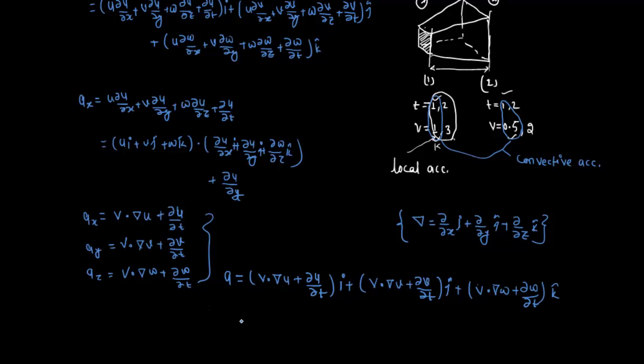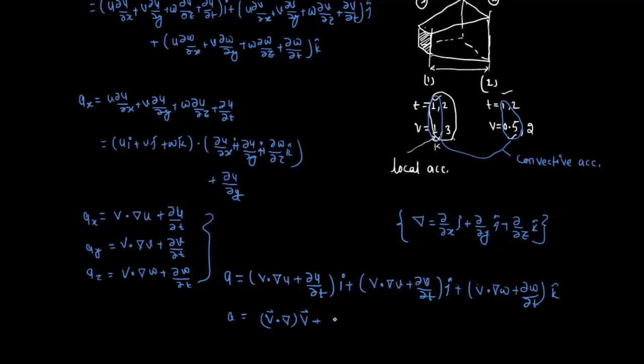Okay, now by combining all and using the vector properties, we can write V dot del u i cap, V dot del v j cap, and V dot del w k cap. Combined, we can write this term as V dot del in bracket V, this is actually the vector property, plus, you can see here, del u by del t i, del v by del t j, and del w by del t k here.